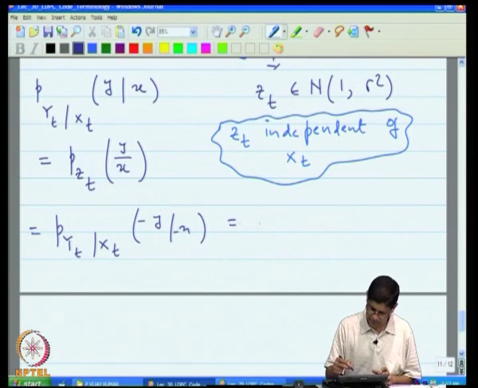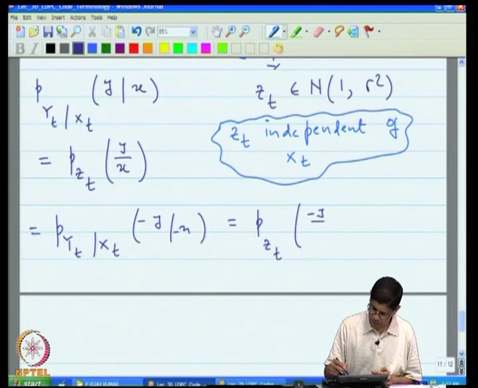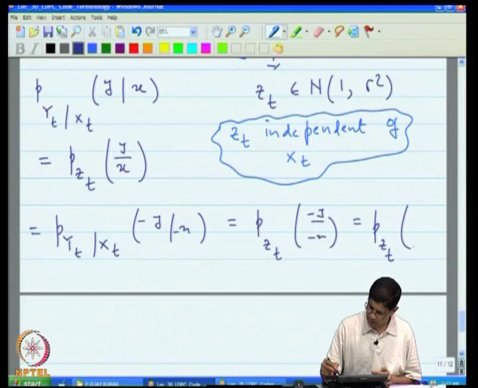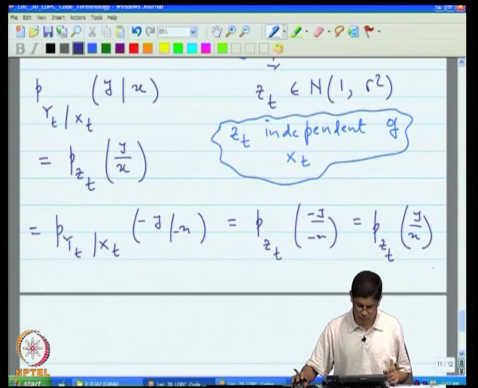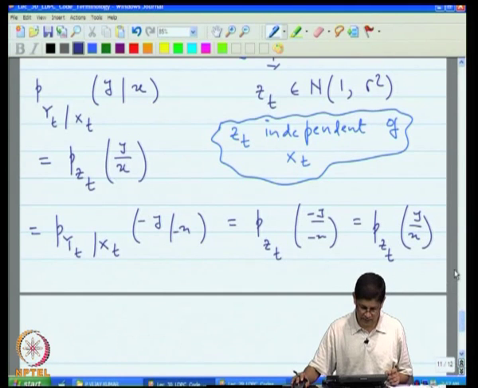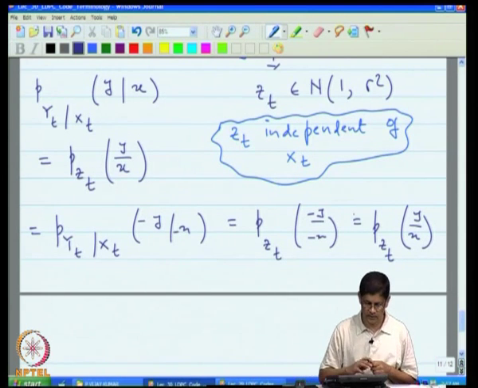The reason being because this is again P of z t of minus y by minus x, which is P of z t of y by x.